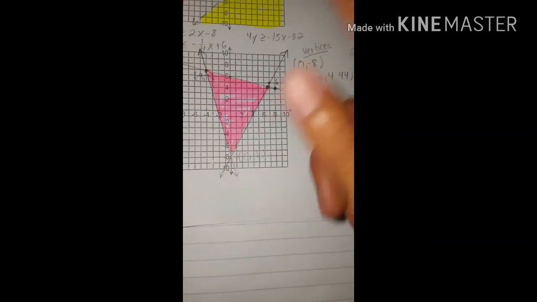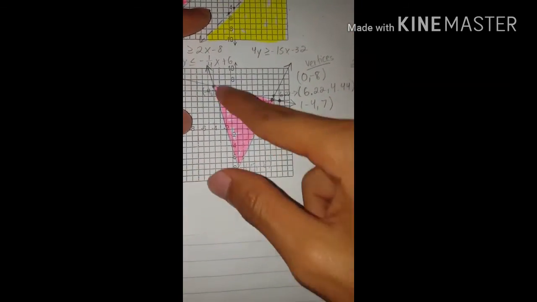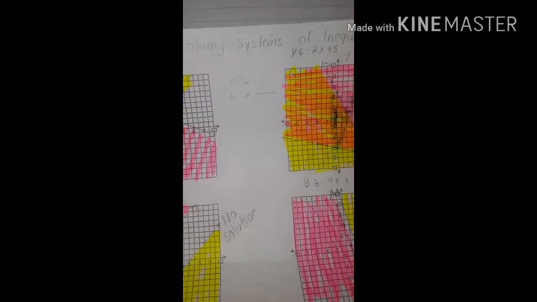So you just really have to shade this area, or where the figure is formed. So that's it, guys. This is lesson 3.2, solving systems of inequalities.